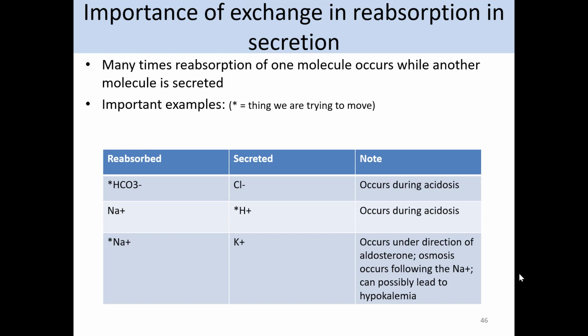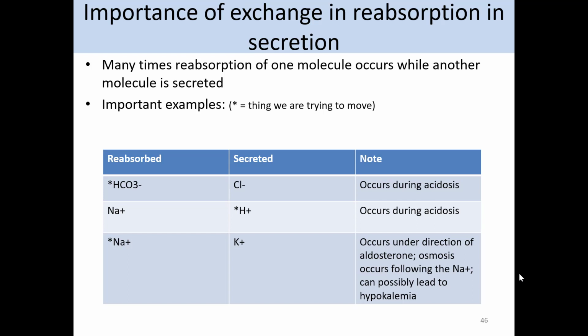During acidosis, the pH of the blood is too low, so we need to get rid of acids, as in the case of the sodium hydrogen ion transporters, but it also helps to reabsorb bicarbonate because bicarbonate can buffer the acid in the bloodstream. So another process that occurs during acidosis is we will secrete chloride ions into the tubular fluid, and in exchange for the chloride ions, we are bringing bicarbonate ions back into the renal tubule cell and then eventually back into the blood.